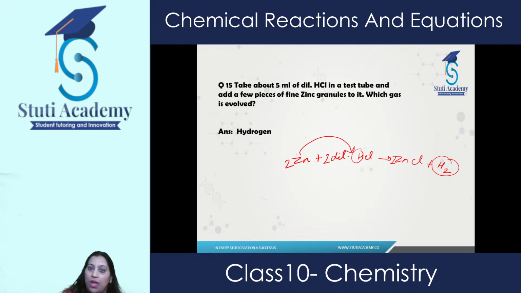If you remember, I talked about the reactivity series. The metals which are placed above hydrogen are more reactive than hydrogen, so they can easily displace it. But the elements which are placed below hydrogen in the reactivity series are less reactive and cannot displace hydrogen. Here, zinc is more reactive, so it can easily displace it.